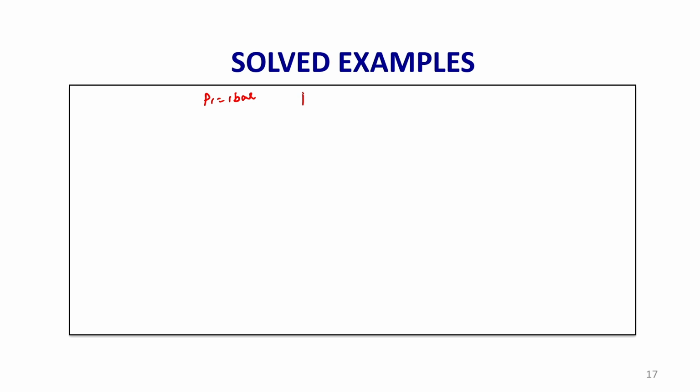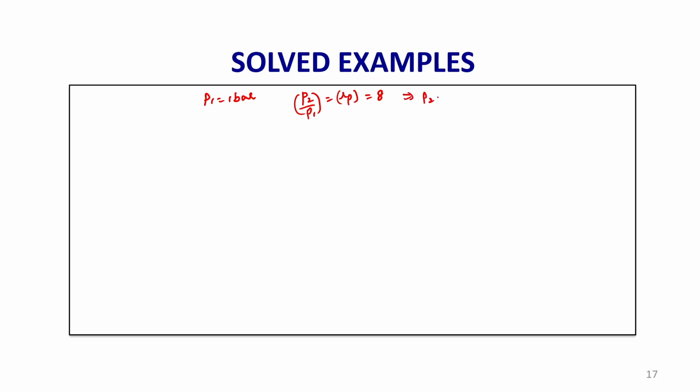Pressure ratio is given, P2 by P1 is equal to the pressure ratio, that is equal to 8. So P2 is equal to P1 into Rp, which is 8 bar.